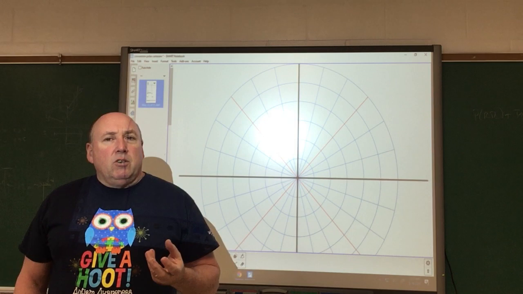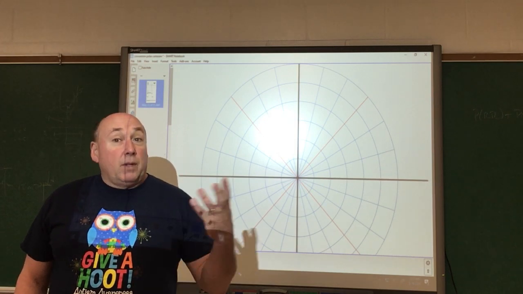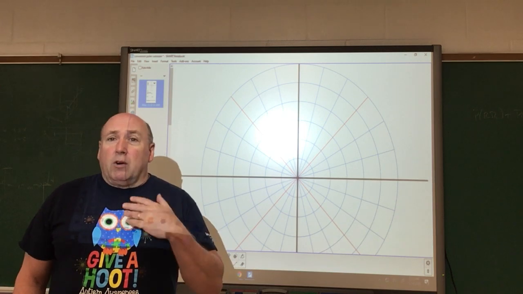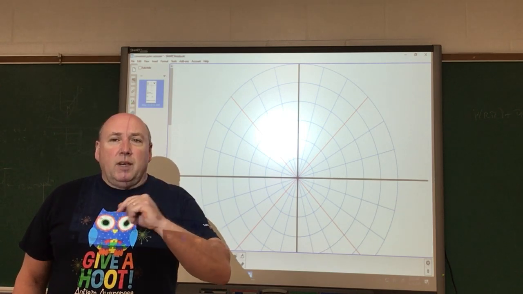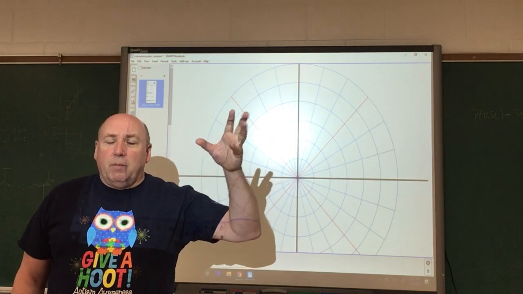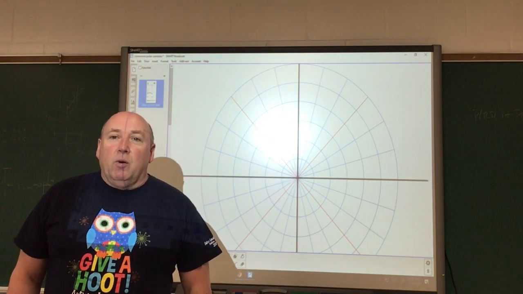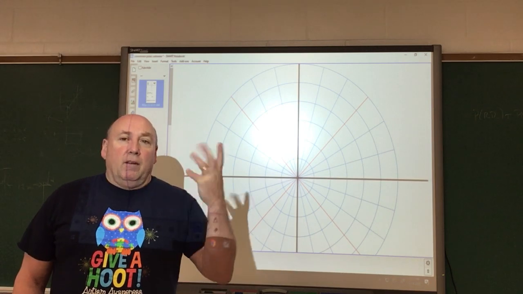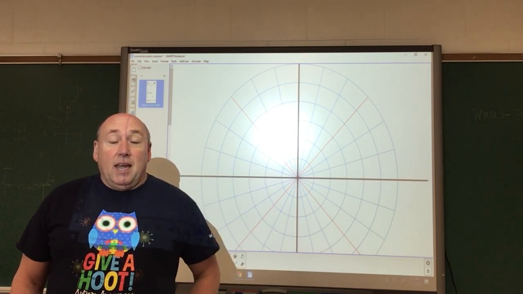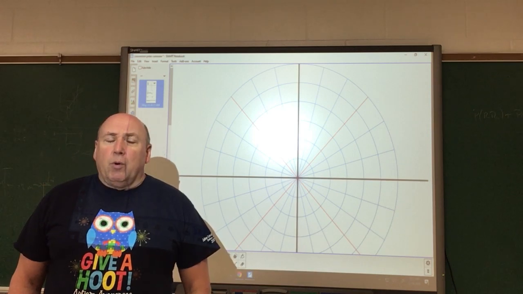Sometimes it's easier dealing with things in polar coordinates, sometimes it's easier in Cartesian coordinates. If I'm going to graph a line y equals 2x plus 3, that's a lot easier in Cartesian. But if I'm dealing with a cardioid, or a limaçon with or without a loop, or 3-leaf, 4-leaf roses, that's a little bit easier in a polar coordinate system.